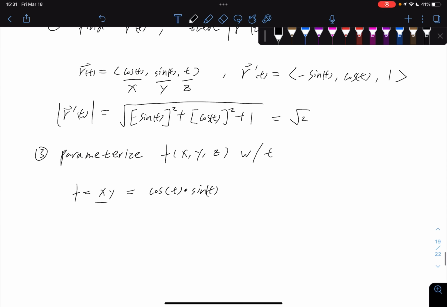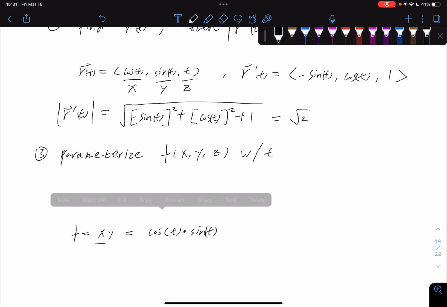Basically I want to make sure everybody understands this.